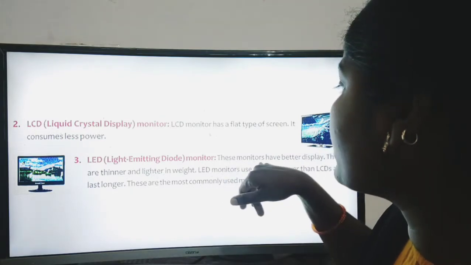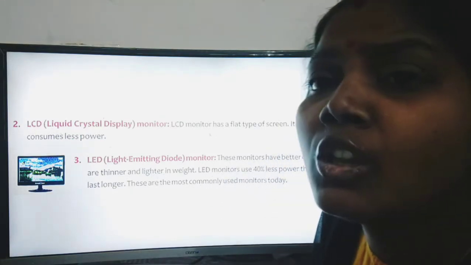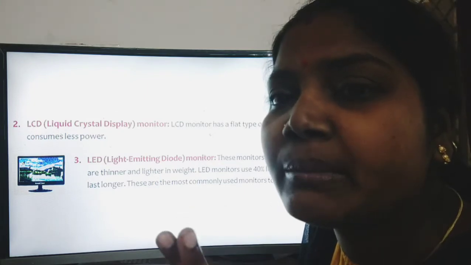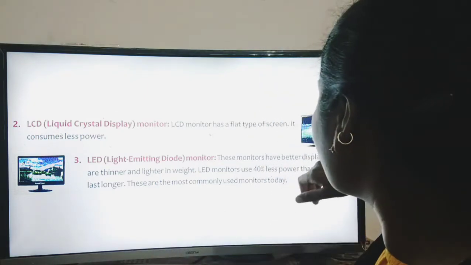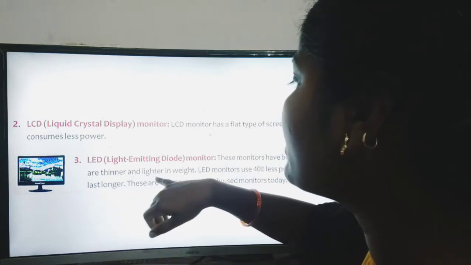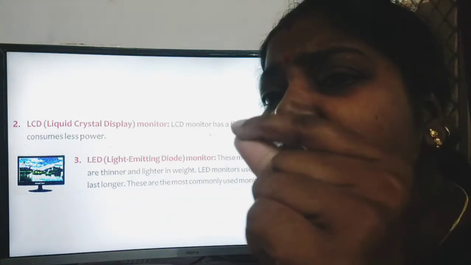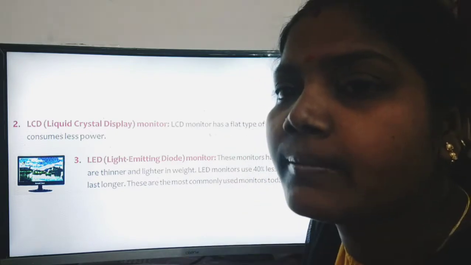These monitors have a better display. The third monitor is a better display monitor. These are thinner and lighter in weight.